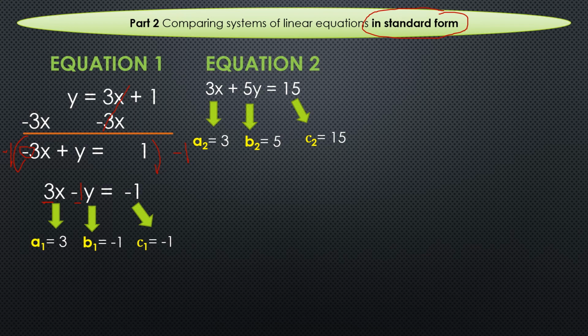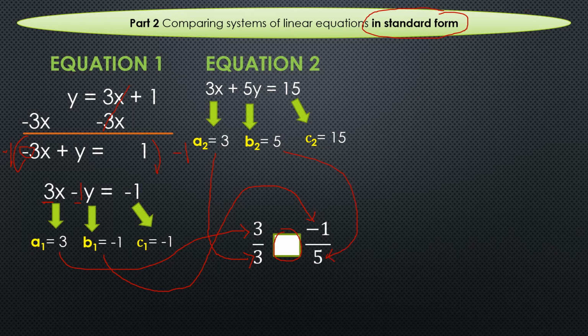And then you have to rewrite this in fractional form and then compare whether the answer for a is equal to the answers for b and c and so on. So that will be 3 over 3. So we have 3 here from a sub 1 over a sub 2, which is also 3. We have to determine whether they are equal or not equal. So in the numerator, this is our b sub 1 over b sub 2.